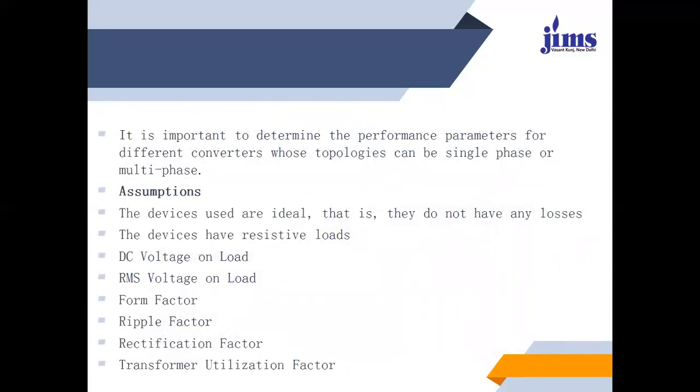It is important to determine the performance parameters for different converters, whose topologies can be single phase or multi-phase. The assumptions taken are that the devices used are ideal, that is, they do not have any losses, and the loads are resistive. The parameters are DC voltage on load, RMS voltage on load, form factor, ripple factor, rectification factor, and transformer utilization factor.